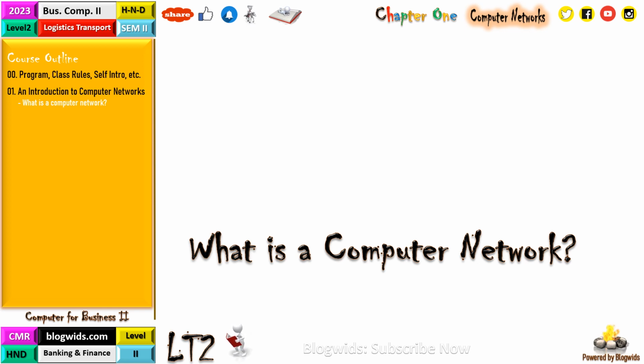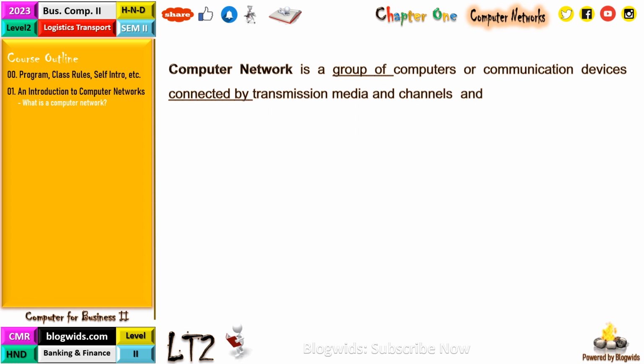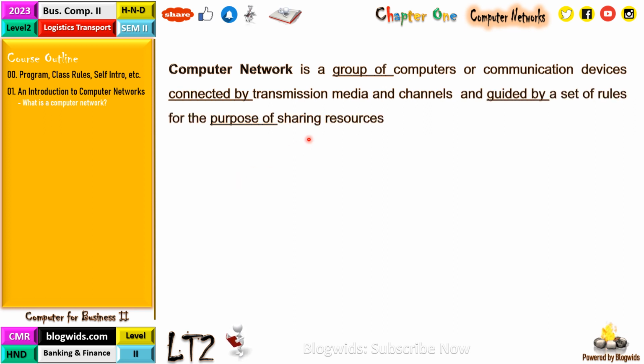There are bad examples of networks which I'm not going to mention, but we are just going to focus here on computer networks. So what is a computer network? A computer network is defined as a group of computers or communication devices connected by transmission media and channels and guided by a set of rules for the purpose of sharing resources.